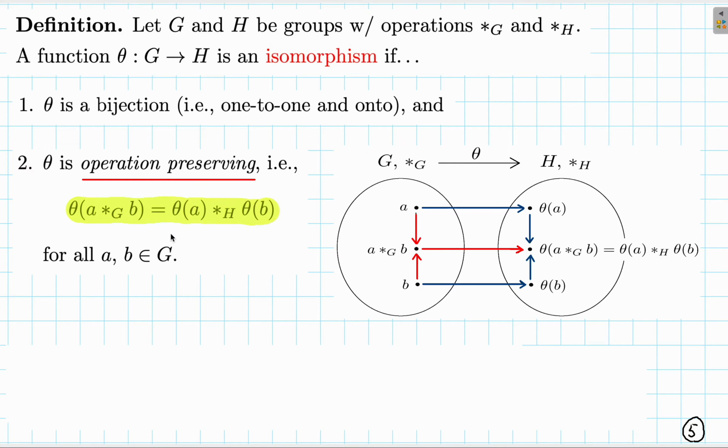So once again, this means given those two elements A and B, we can either multiply them inside G, that's the star G right there, and then apply theta.